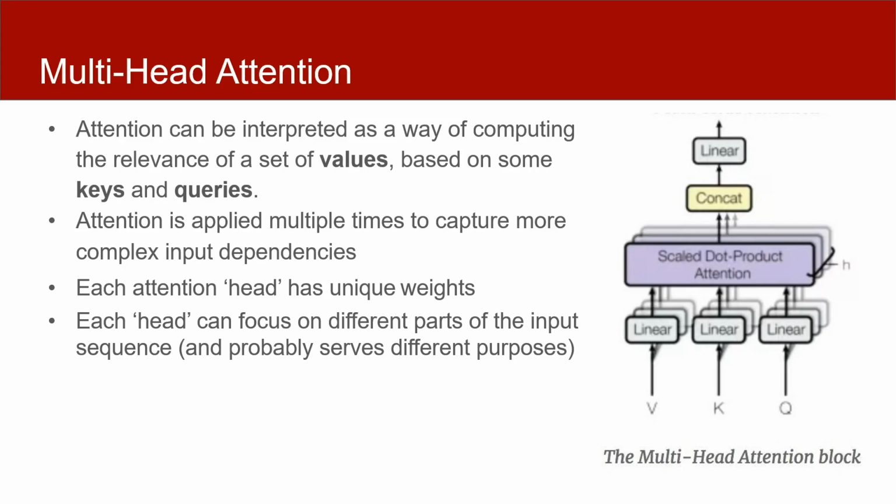In multi-head attention, we just apply this mechanism multiple times. We have multiple sets of weights for each attention head, and each head can now focus on different parts of the input, and they probably have different purposes.